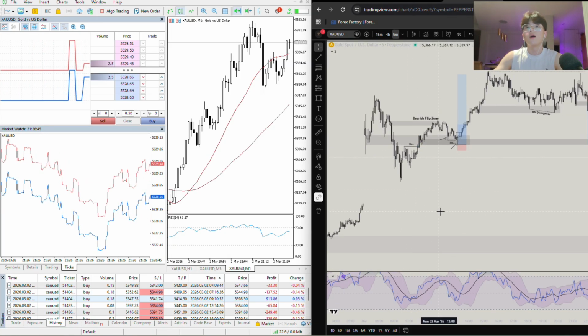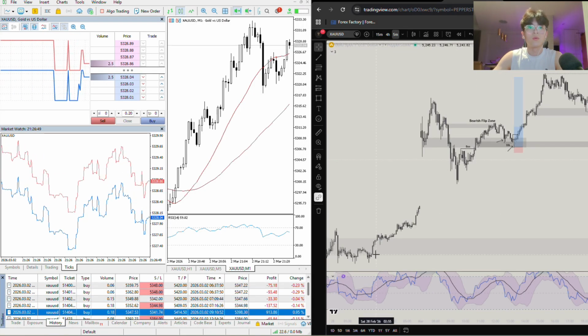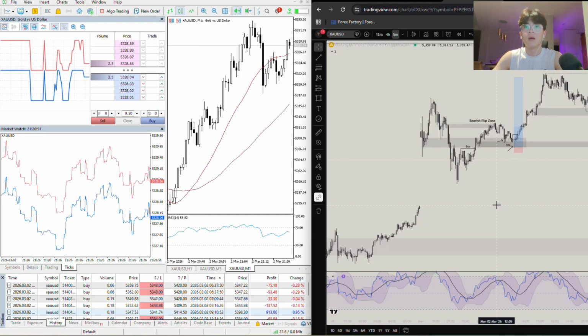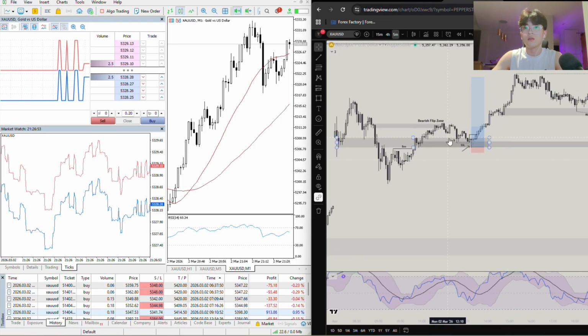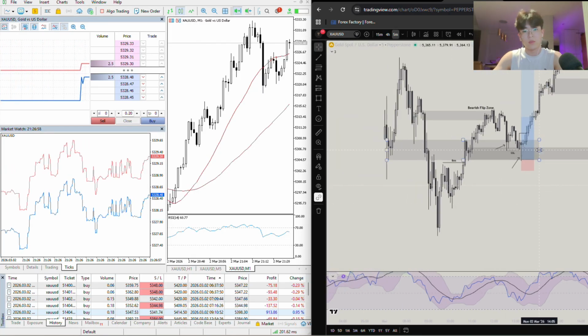Now the trade that I took was a series of buy positions across this level right here. And why specifically at this level, and why I got stopped out, is very simple.